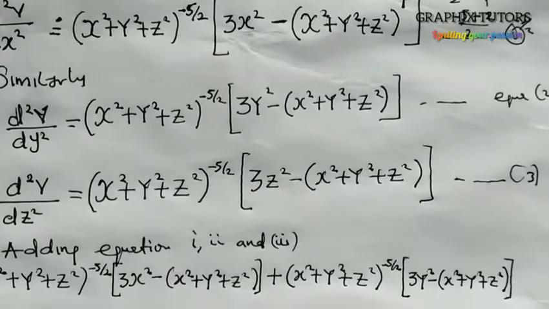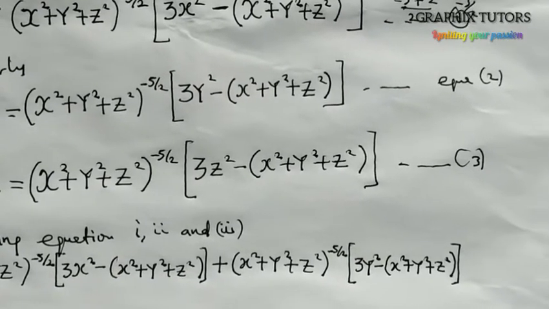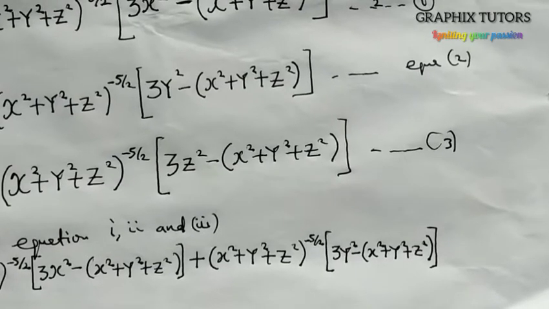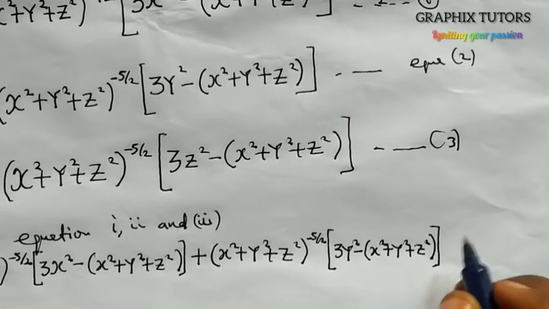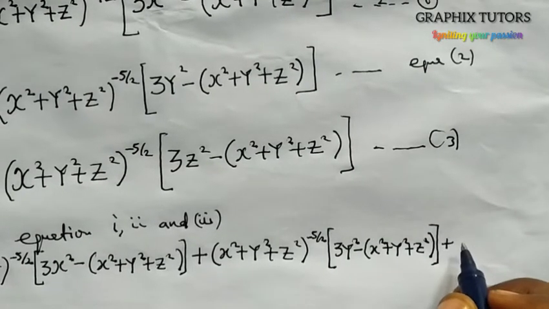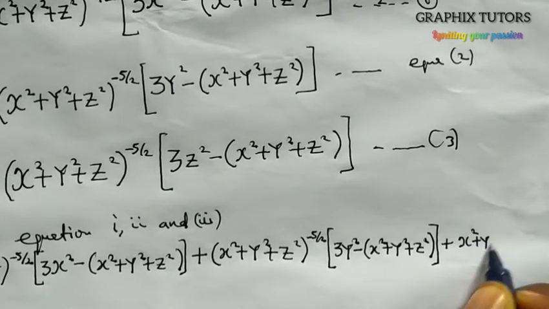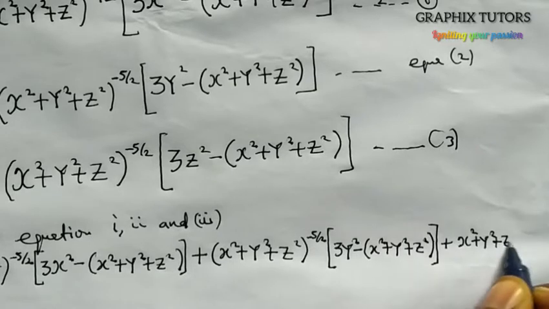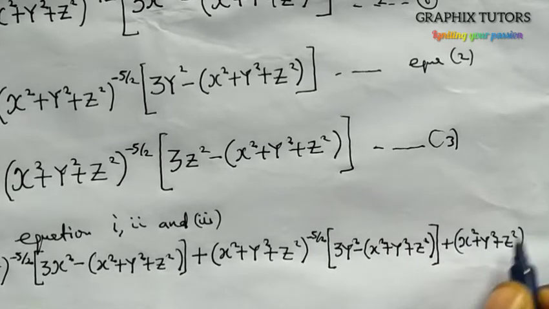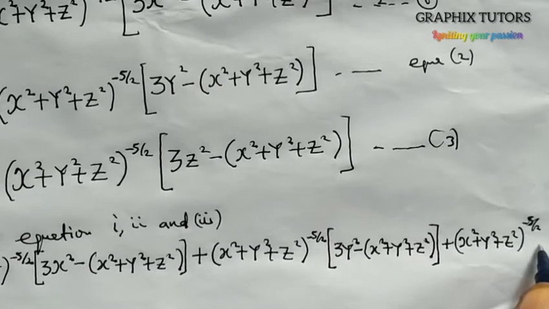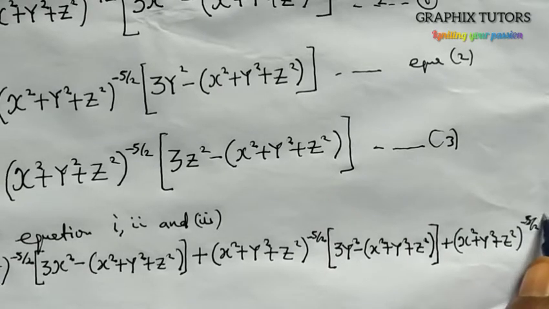Then plus the same thing. We have x square plus y square plus z square with power of minus 5 over 2, open bracket.